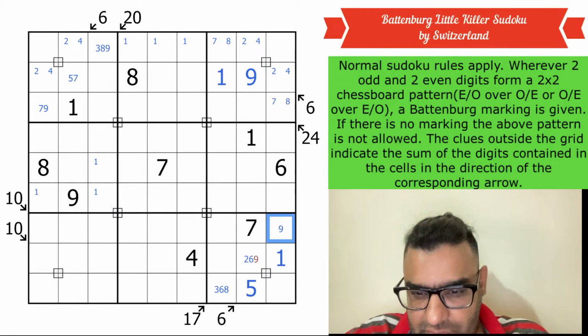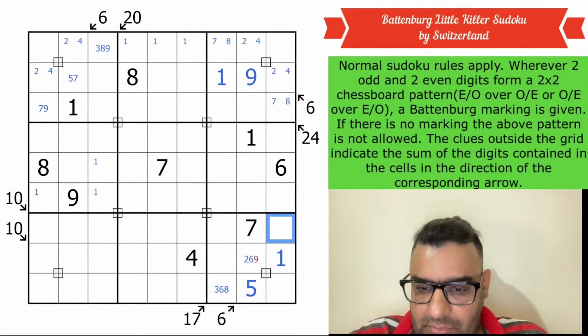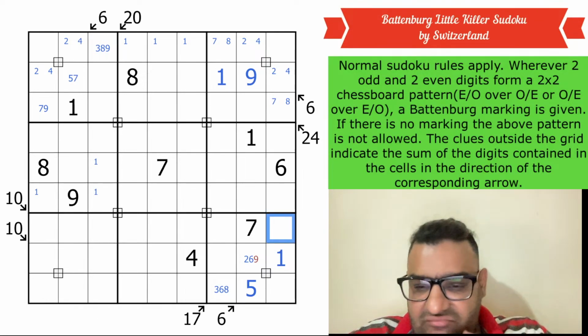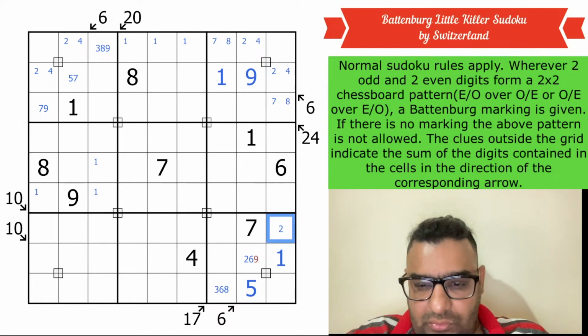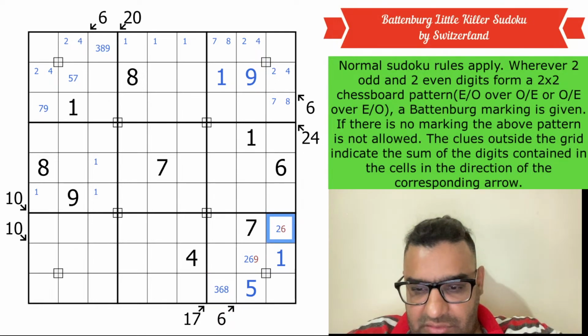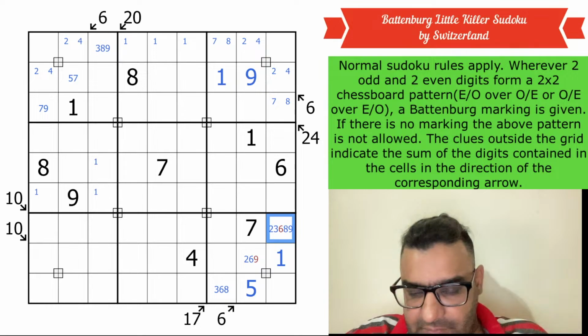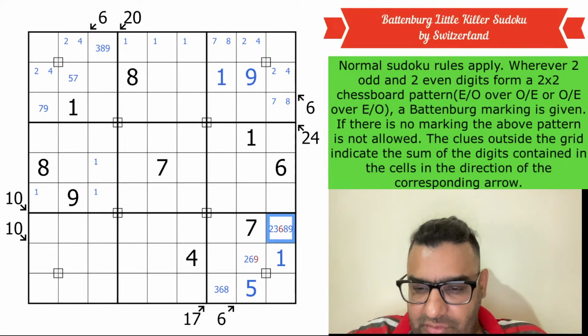If we put a 2, these three numbers are going to take 2, 6, 9, and 3, 6, and 8. So it is going to have a number out of these 5 digits.